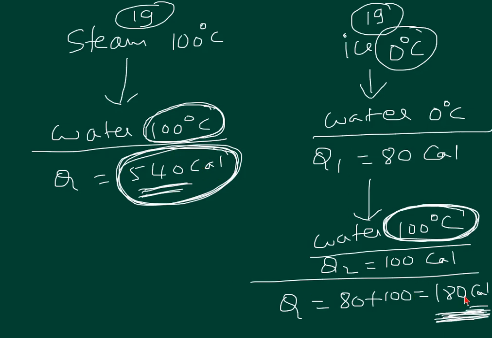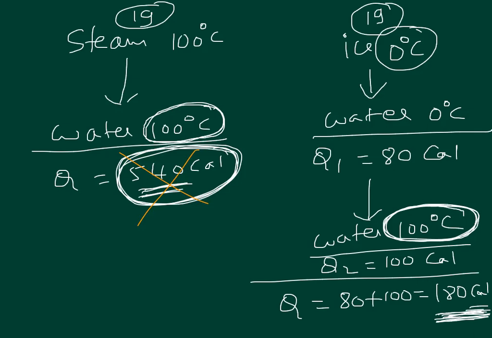But we require only 180 when the temperatures become the same. So we don't want 540. Our target is only 180 calories.